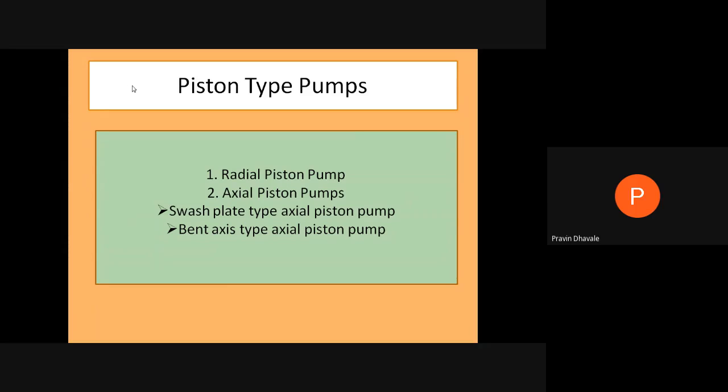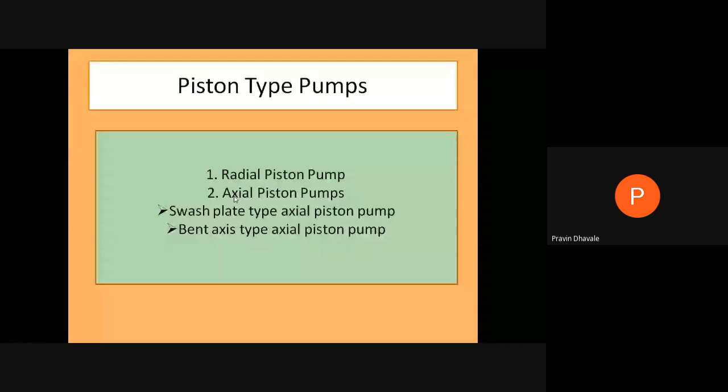In an axial pump, the cylinders are mounted axially. As in actuators, where we studied radial type and axial type, the same construction is there, only the working is changing.